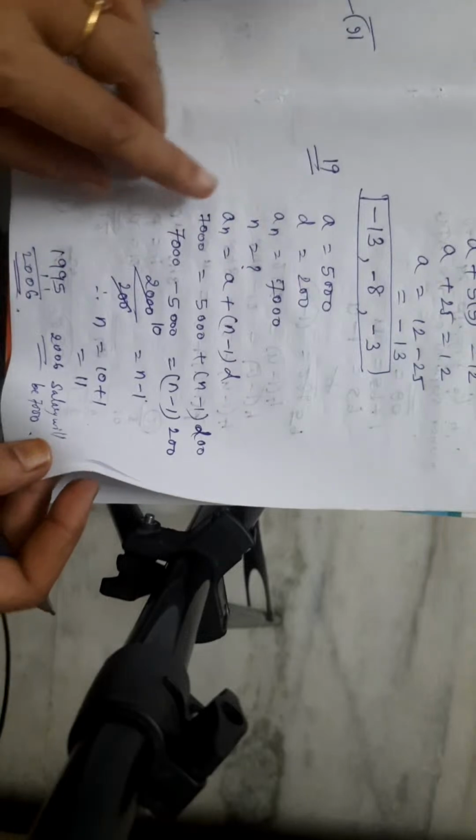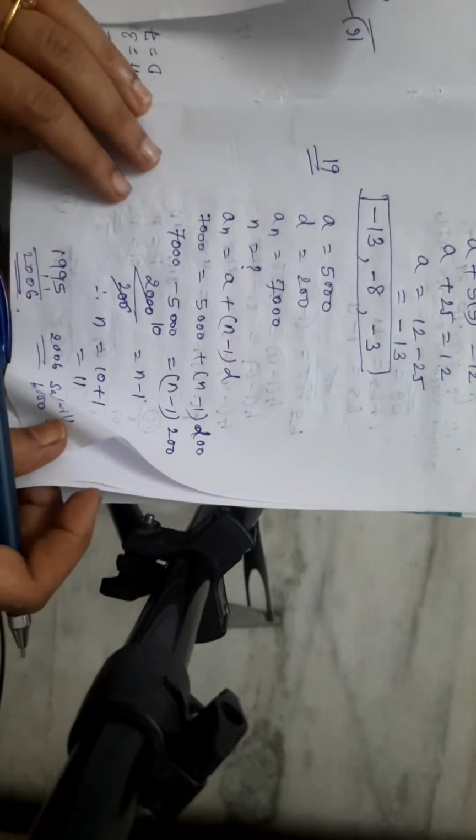Now the last question of this exercise, question number 20, is given. Ramkali saved rupees 5 in the first week of the year and then increased her weekly saving by 1.75. So here she started saving with rupees 5 in a year.